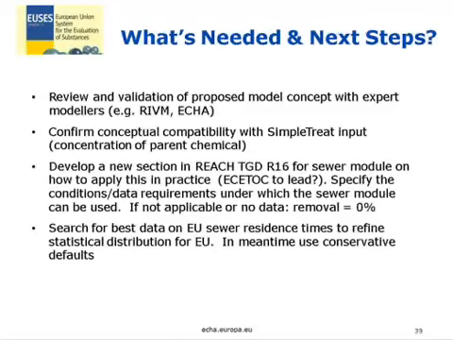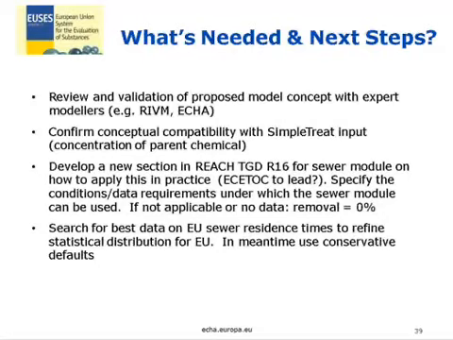So what do we think is needed to make this happen in practice? I think it's important that we double check the equations and the concepts with some expert modelers from ECHA or RIVM or others that are interested in this. This comes before SimpleTreat, so it should be conceptually marriable with SimpleTreat, but I think that is perfectly possible.